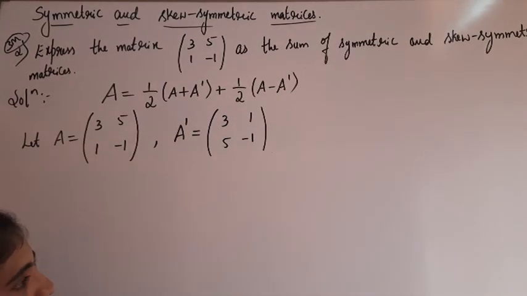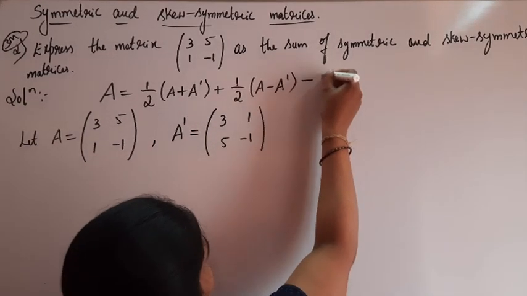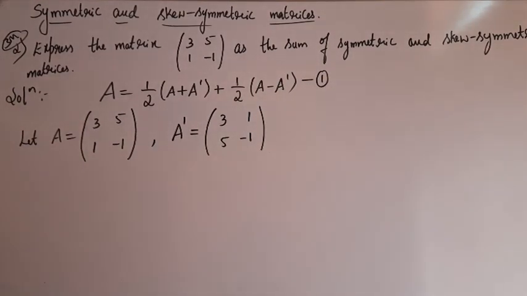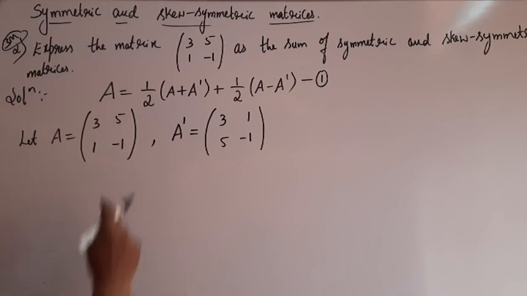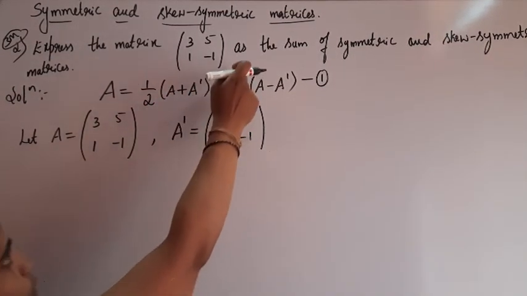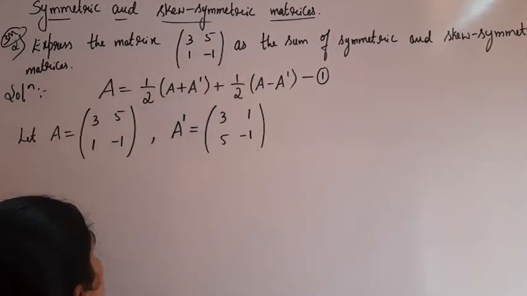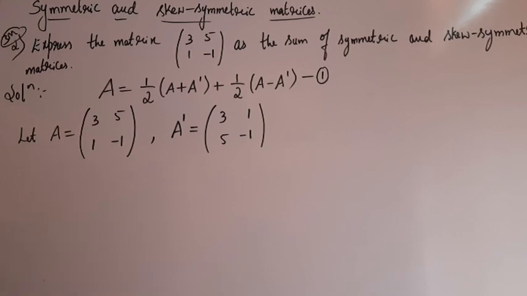So this is the transpose of the matrix. Call the expression equation 1. Here we clearly know that 1 by 2 into (A plus A dash) is symmetric and 1 by 2 into (A minus A dash) is skew-symmetric.